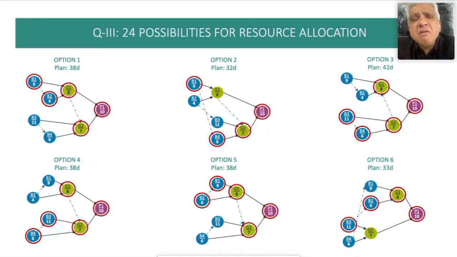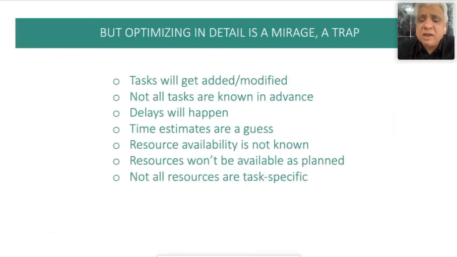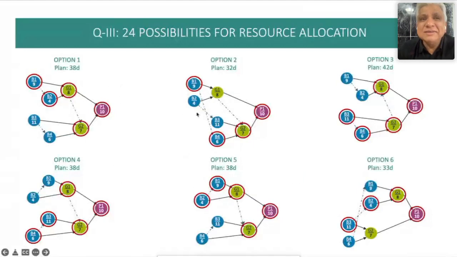And in fact, there are solutions which come up with different heuristics for different types of projects for optimizing resource allocation. I think where all of them go wrong is that this optimization in detail is a mirage, because real project managers know that we don't know all this work in advance.